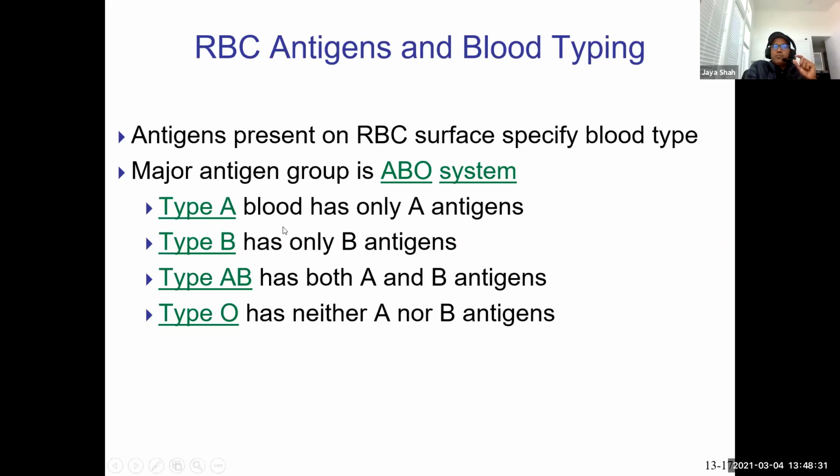Okay, so type A blood has only the A antigen. Type B has only B antigens. Type AB has both A and B antigens. Type O has neither. O means zero, neither A nor B antigens. Are you following me? Now, I want your first class attention here.